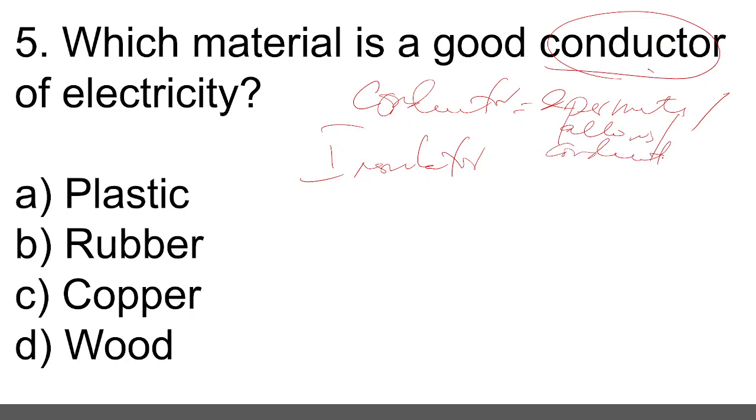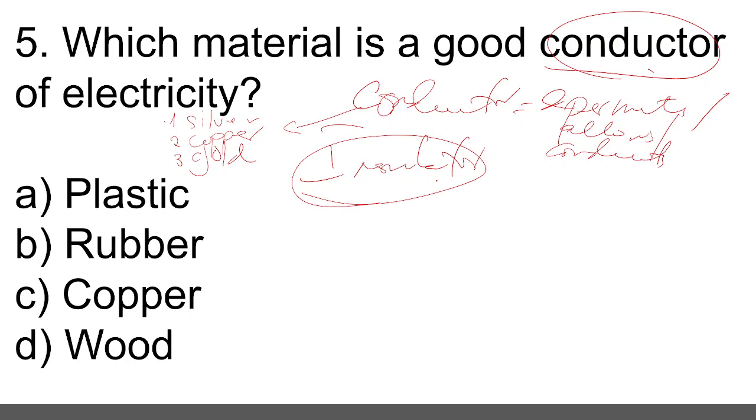This means it lets electricity flow into that material. Good examples, in rank, are: the best is silver, then copper, which is common but a good conductor, and gold as the third. These are the ranks of conductors: first, second, and third.